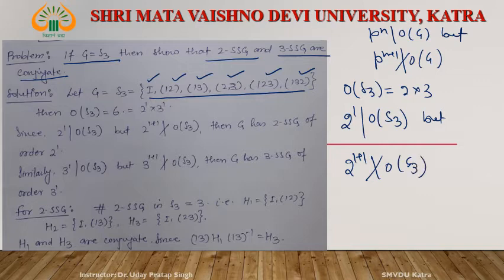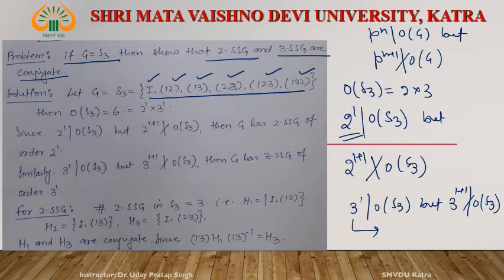It means G has a 2-Sylow subgroup. Similarly, 3 to the power 1 divides the order of S3, but 3 to the power 1 plus 1 does not divide the order of S3. It means G has a 3-Sylow subgroup also.